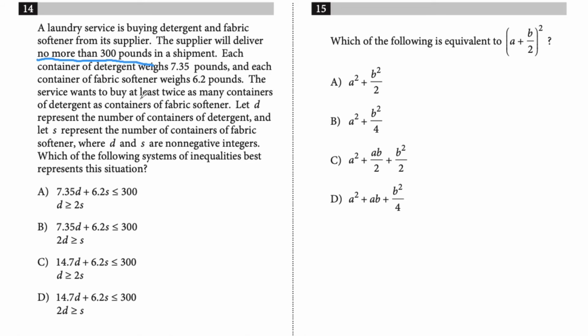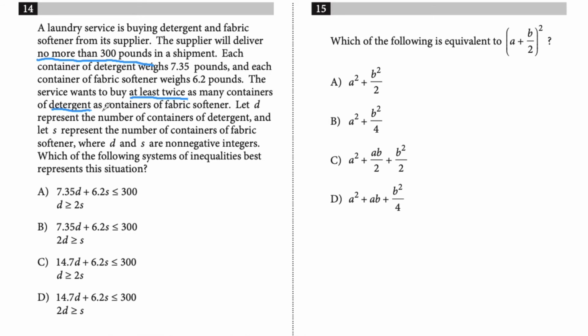The service wants to buy at least twice as many containers of detergent as containers of fabric softener. Let D represent the number of containers of detergent and let S represent the number of containers of fabric softener, and D and S are non-negative integers. Which of the following system of inequalities best represents this situation?